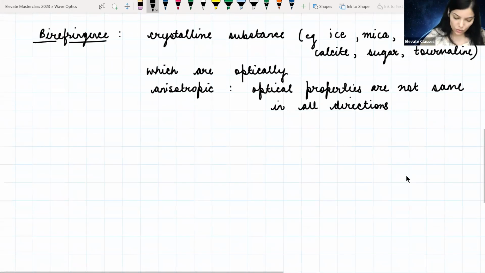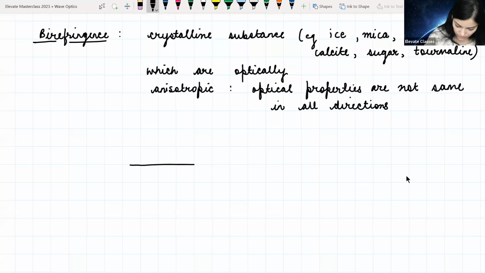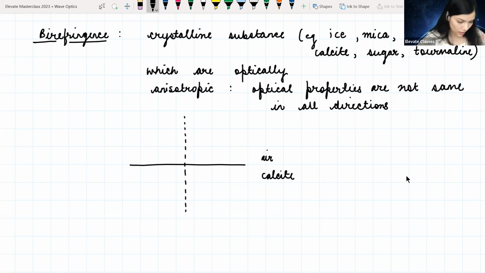But what he found was that if this is my air, and I take a calcite crystal over here, and this is my normal, then when the incident light passed through this boundary, instead of one refracted light, there were actually two beams.